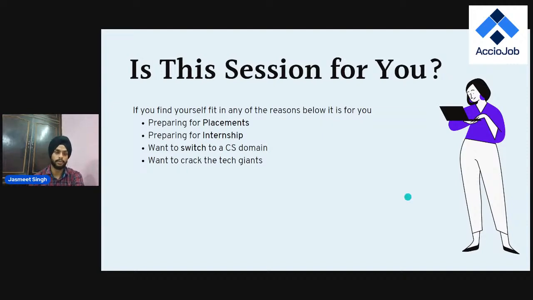If you are preparing for placements or internships that are about to start from the next semester, this session will help you a lot. Or if you are willing to switch to a CS domain, or if you have a dream to crack some tech giants, this session will be quite a help. You will get insights into how a technical interview works, what is expected from you, and how you should perform in it.